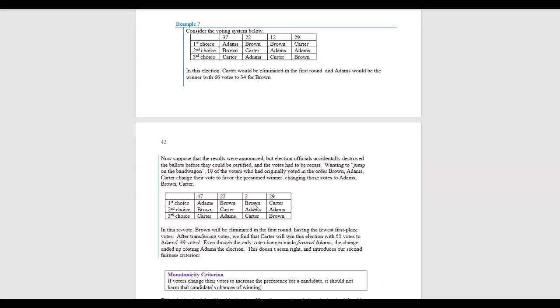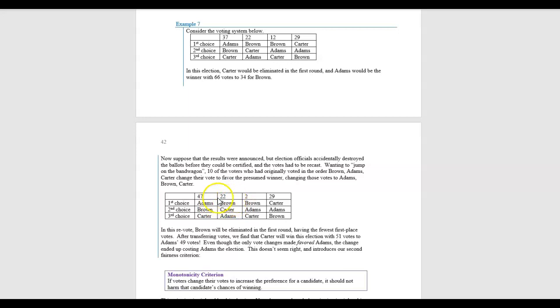Now, you would think that would mean that Adams would win if you just switched it so that Adams got 2 more votes here. All right, but instead, Adams would have 49 votes, Brown would have 22, and Carter would have 29, and Brown would be the one that got eliminated from the process.